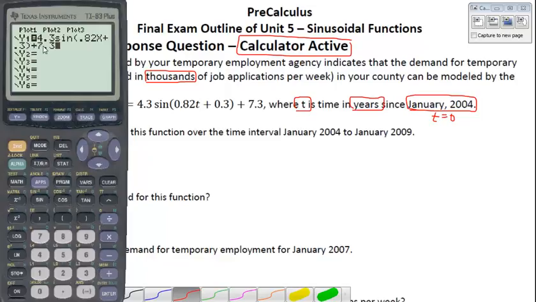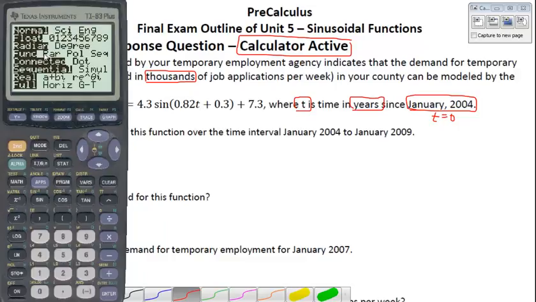Make sure that looks right. Looks good. I'm going to make sure I'm in radian. Whenever you're graphing sine or cosine on here, you generally want to be in radian.